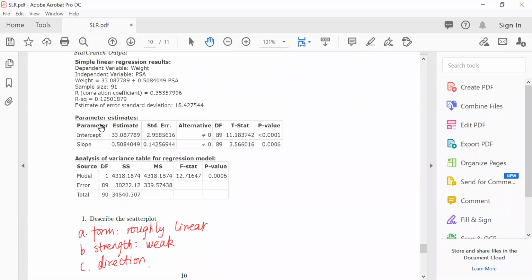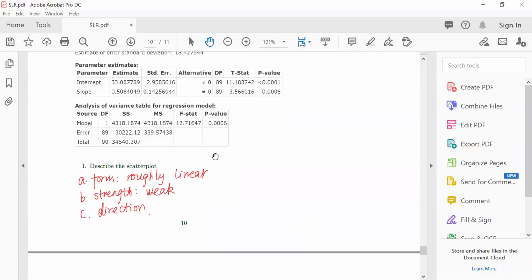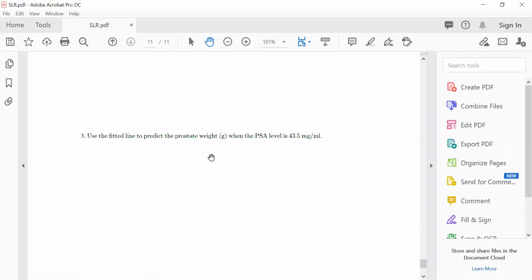The fitted regression line would be y hat equals beta 0 hat, 33.09, plus the slope, 0.508 x.